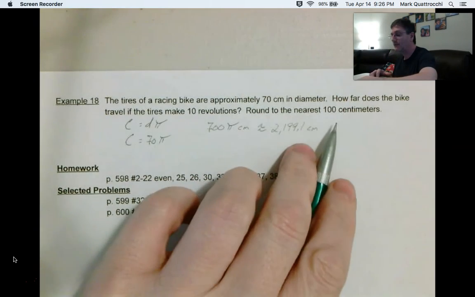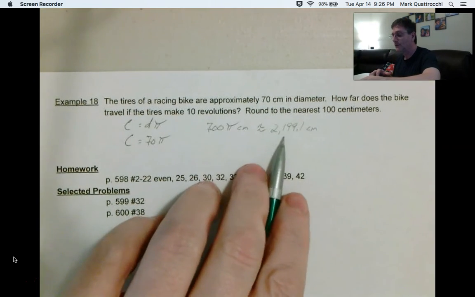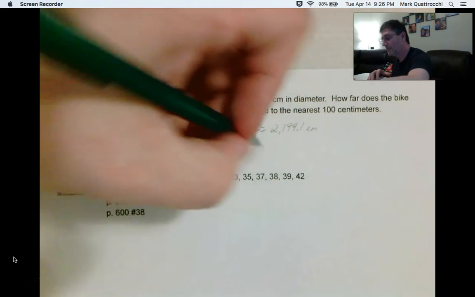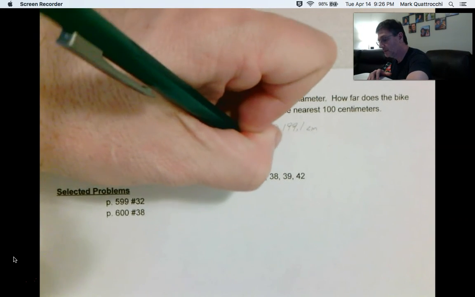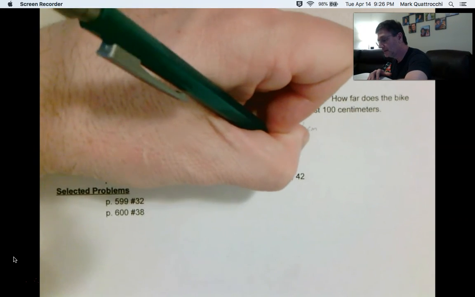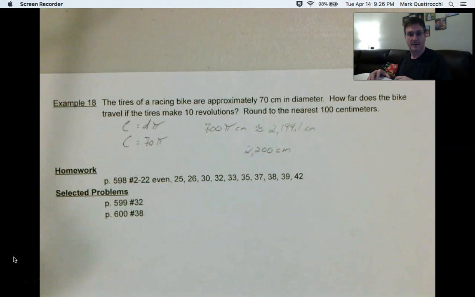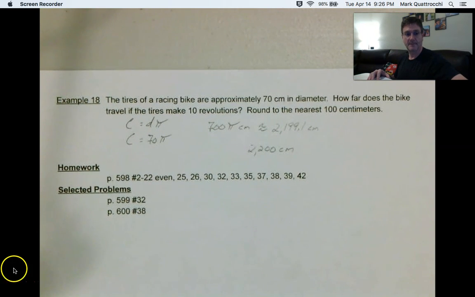And if we round that to the nearest 100 centimeters, we're going to round this up to 2,200 centimeters. That's the answer to example 18.